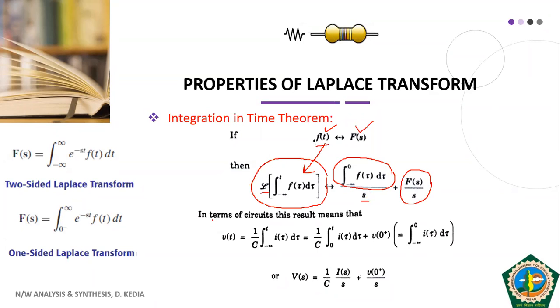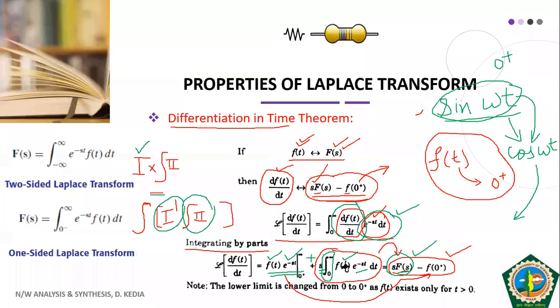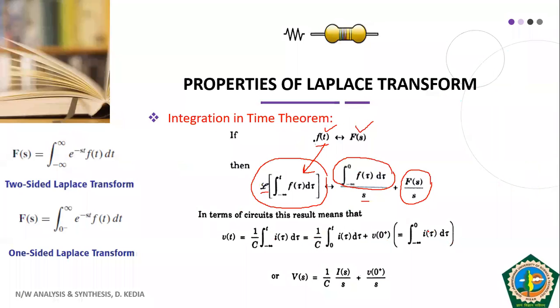If you compare this with the differentiation property, in differentiation F(s) was multiplied by s, whereas in integration F(s) is divided by s. And f(tau) d tau has been integrated from minus infinity to 0, meaning whatever is happening in the circuit prior to 0 comes in here. That condition will be some constant value, and it has also been divided by s.